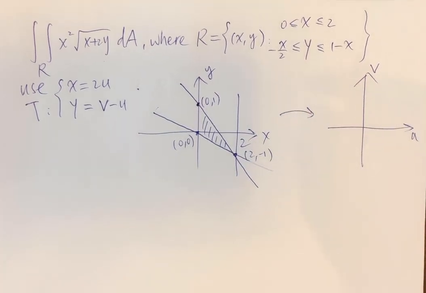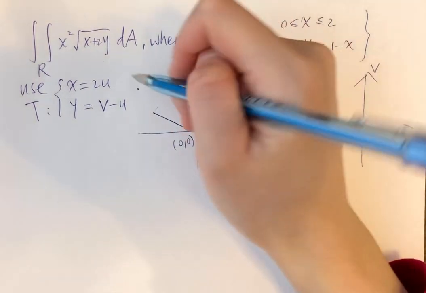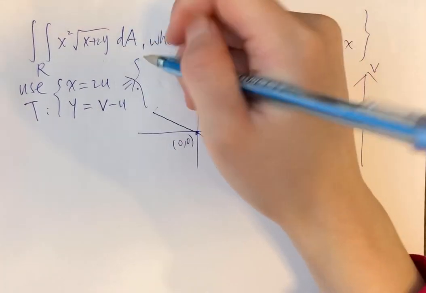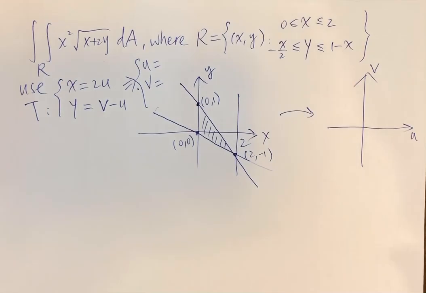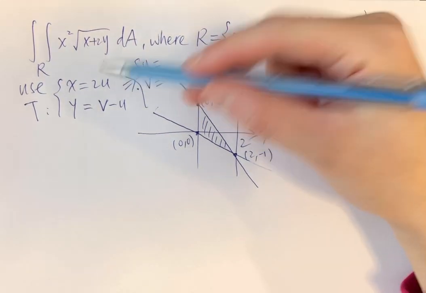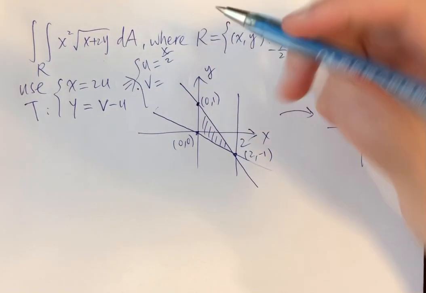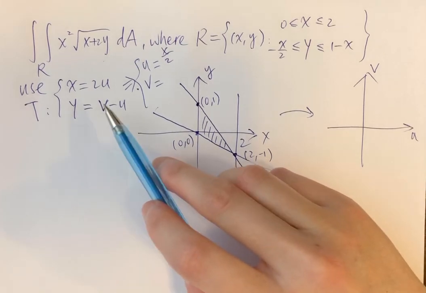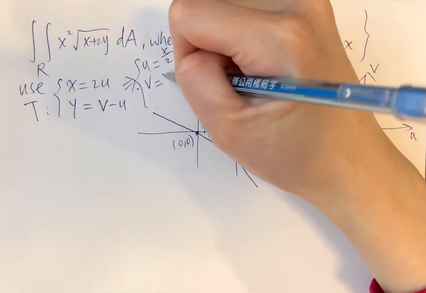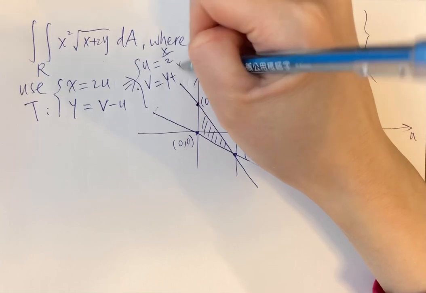So in order to do that, we need to solve for u and v in terms of x and y. So u will be x over 2, v will be y plus u, which is y plus x over 2.